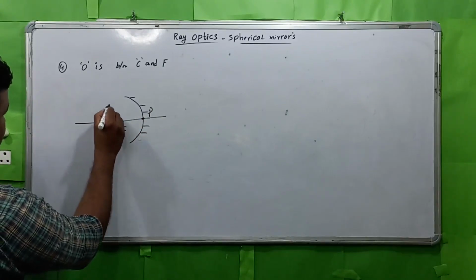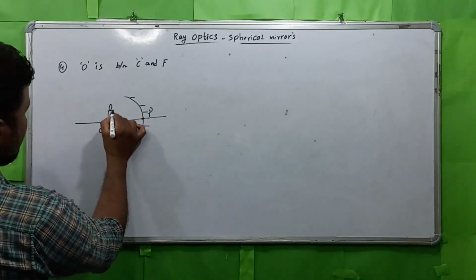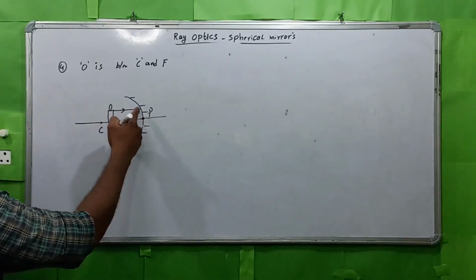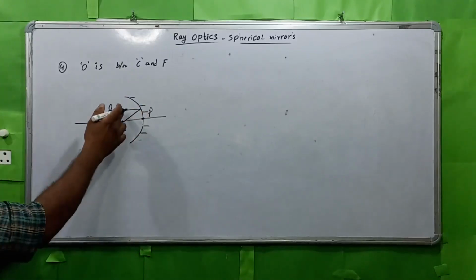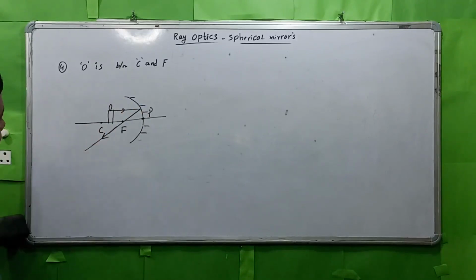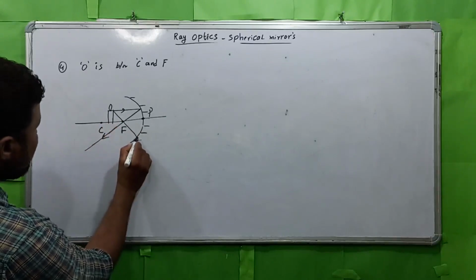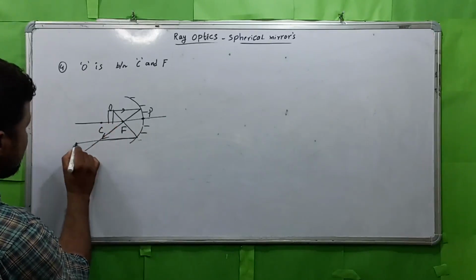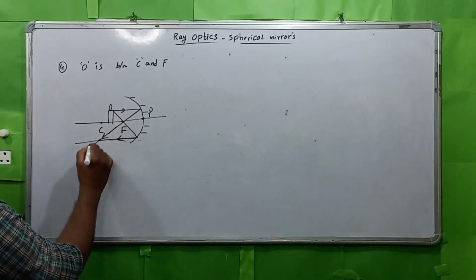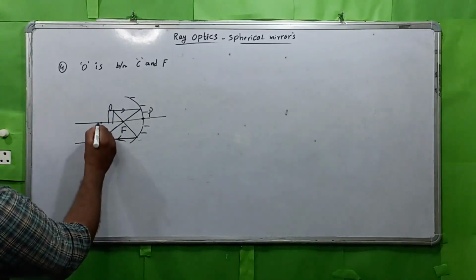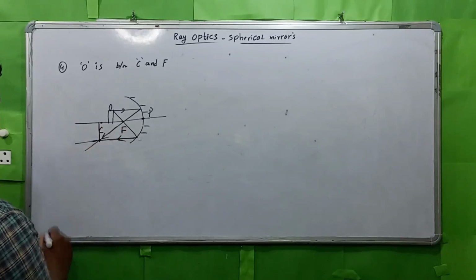Object is here, between center of curvature and focus. Minimum 2 rays required. Any light ray moving parallel to the principal axis, after reflection, moves through focus. Okay, I used one rule. Next, I will use any light ray moving through focus; after reflection, it moves parallel to the principal axis. So here the reflected rays meet here. I got this edge. Image is formed here.